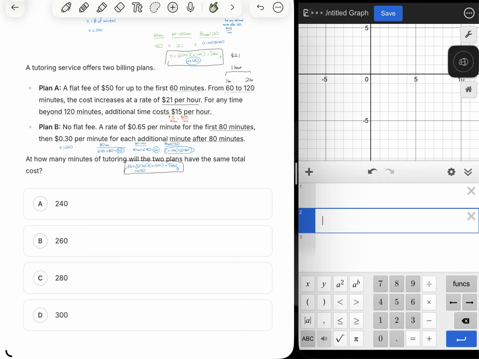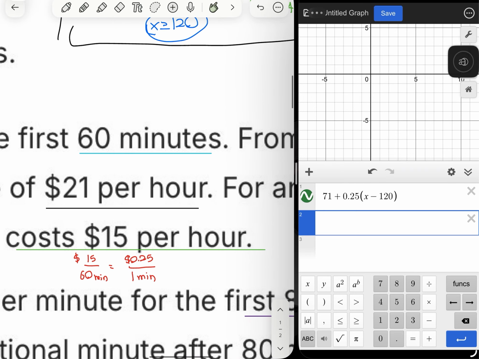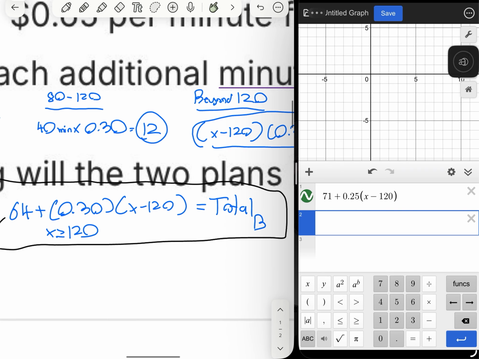So what you can do is go to Desmos and type them in. You have 71 plus 0.25 times x minus 120, that's plan A. And for plan B, you have 64 plus 0.3 times x minus 120.